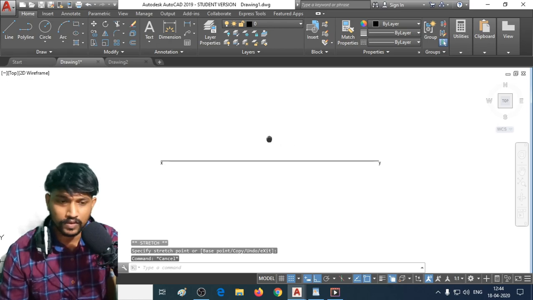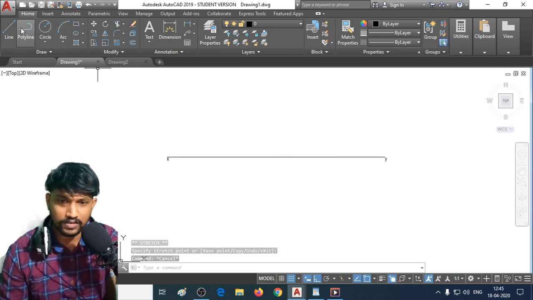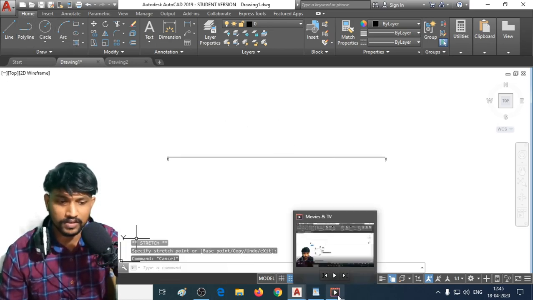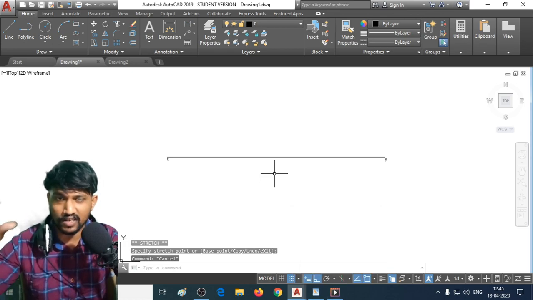XY line. So first let us draw the rectangle with the given dimensions so that we can find the diagonal dimension.